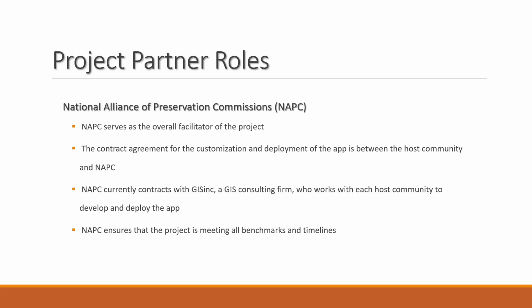NAPC currently contracts with GIS Inc., which is a GIS consulting firm. GIS Inc. will also be working with each host community to develop and deploy the app. NAPC ensures that the project is meeting all the benchmarks and the timelines are being met, and just the overall health of the project. So just making sure we get it all out to all of our communities and it's working properly.